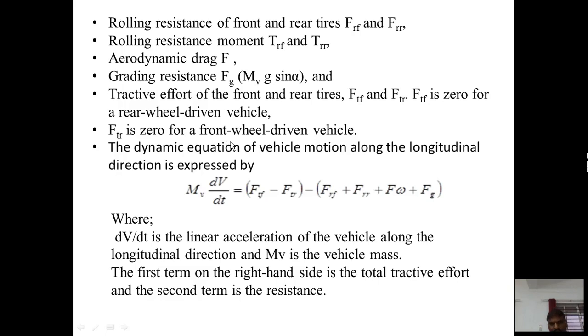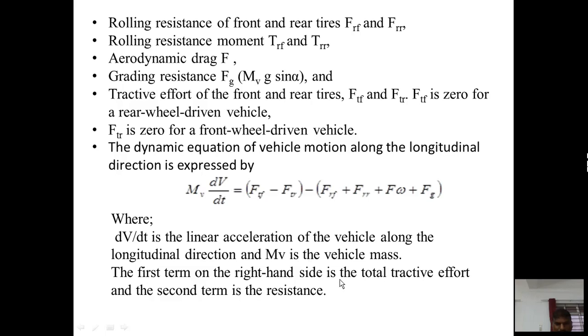The dynamic equation of the vehicle motion along the longitudinal direction is represented by m_v dv/dt equal to (F_Tf plus F_Tr) minus (F_Rf plus F_Rr plus F_w plus F_g). dv/dt is the linear acceleration of the vehicle along the longitudinal direction, and m_v is the vehicle mass.